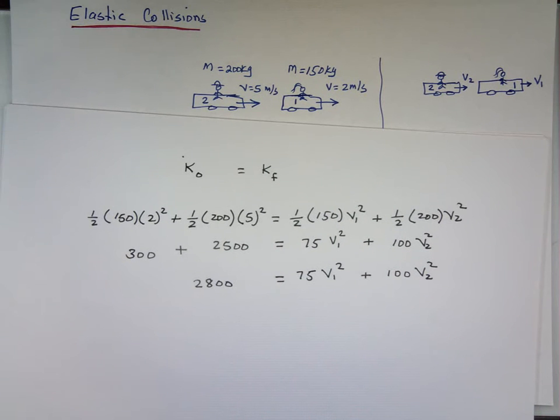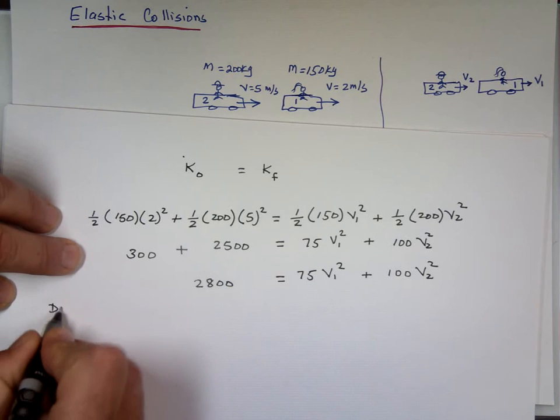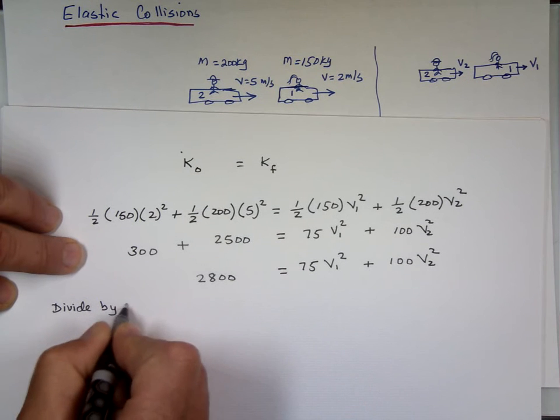I could probably divide by what? 25 to make the math smaller. Again, divide by 25 to simplify.